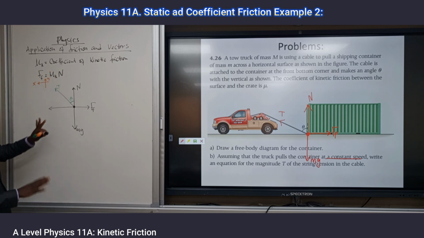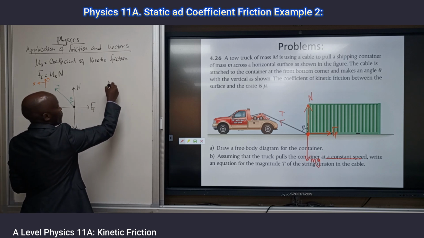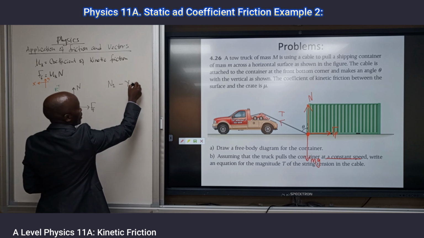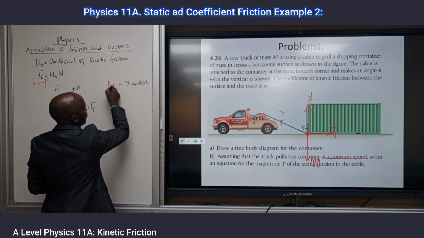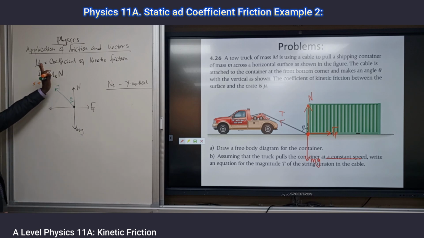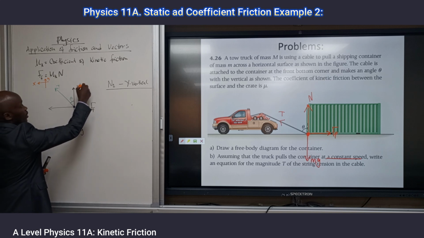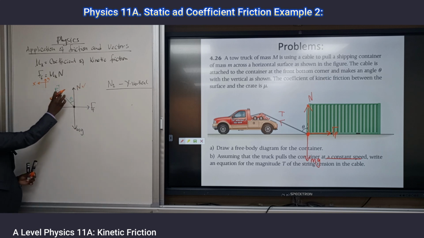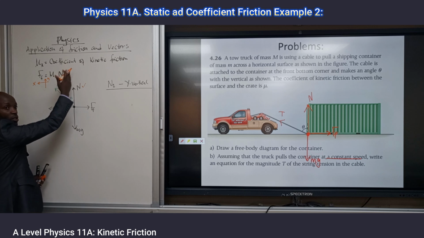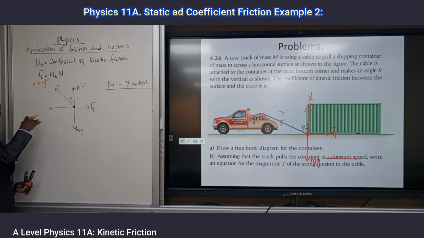Because we don't have any motion in the vertical, we can apply Newton's first law of motion. Looking at the y direction, how many forces do we have going up? One is the normal reaction force, and we have a component of tension, because this tension force has two components: part on the vertical and part on the horizontal.